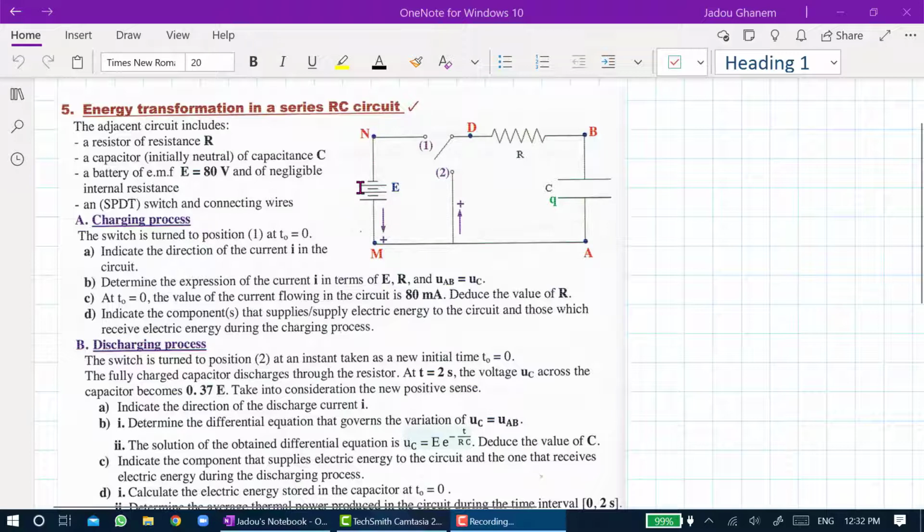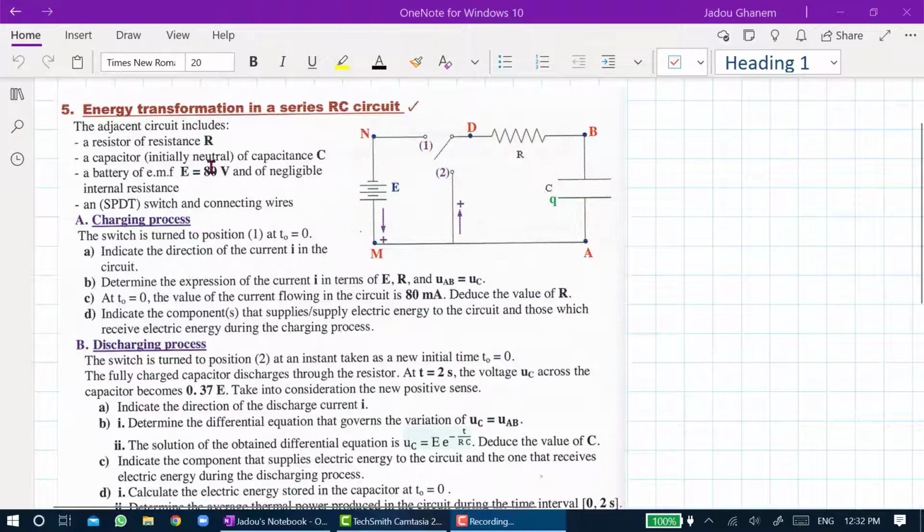It's clear that once the switch is turned to position number 1, the phase will be the charging phase, and under position number 2 it's going to be the discharging phase.